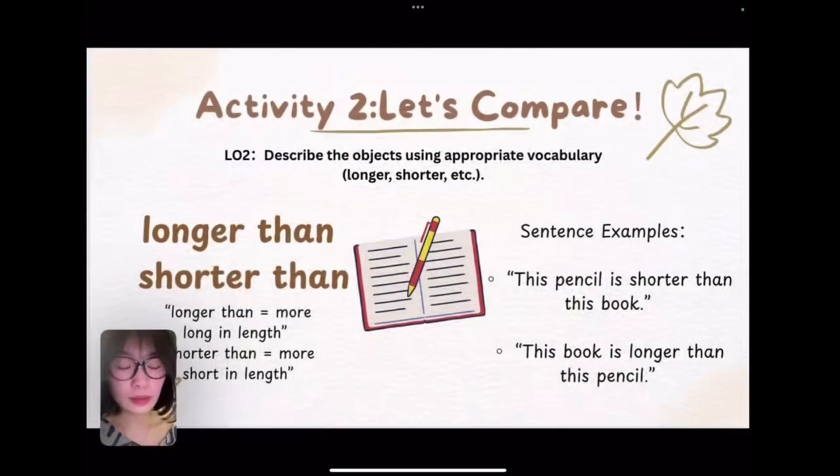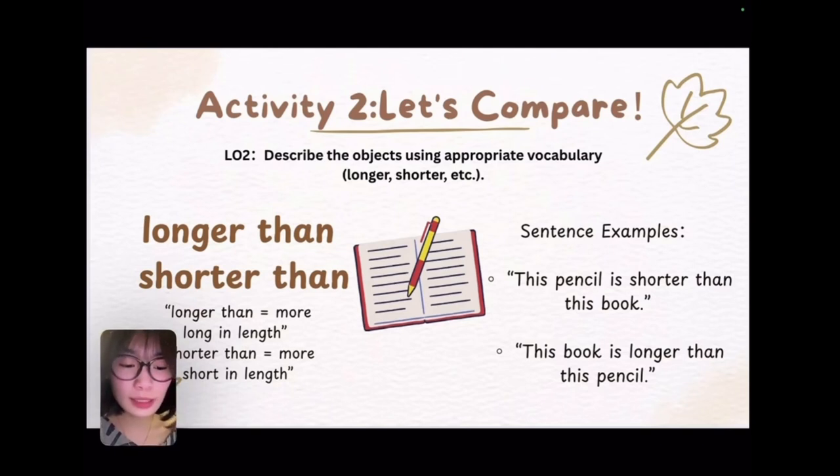Hey everyone, we are doing Activity 2. Let's compare. Our learning objective is to use longer than and shorter than to describe objects. Longer than means one thing has more length, and shorter than means it has less. Look at the pencil and book.